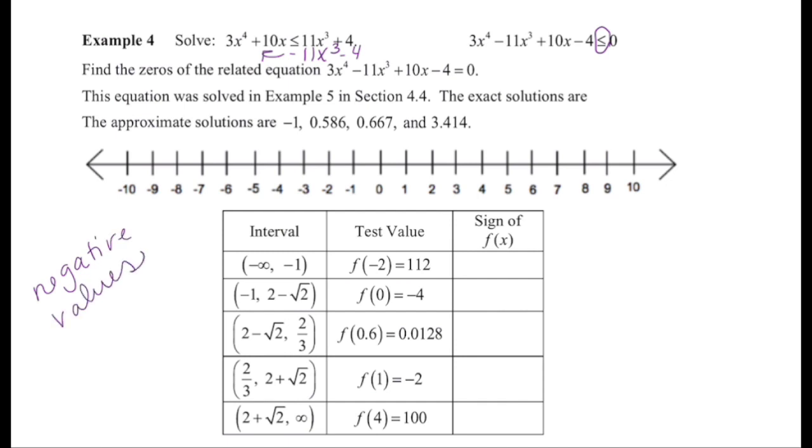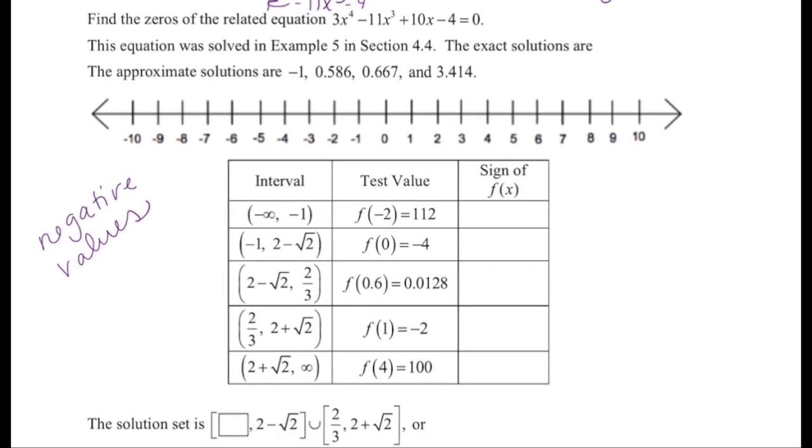We actually solved this equation in section 4.4, example 5. And the approximate solutions were given here, but we did have the exact solutions given below. The exact solutions were negative 1, 2 plus and 2 minus square root 2. We also had 2/3.